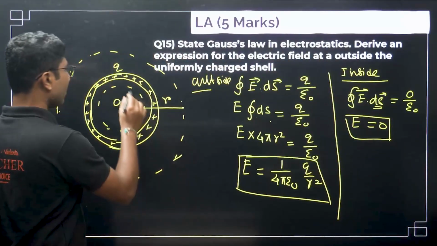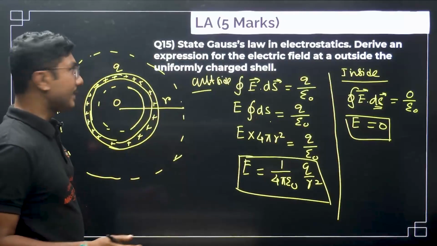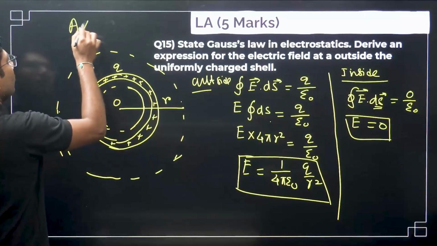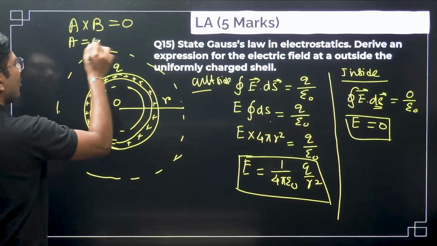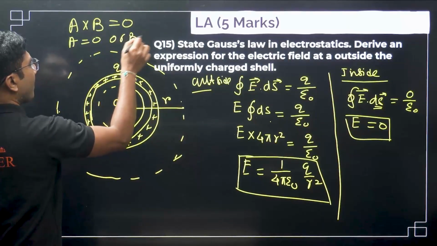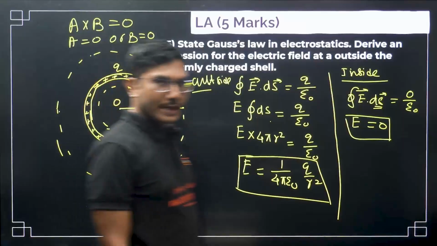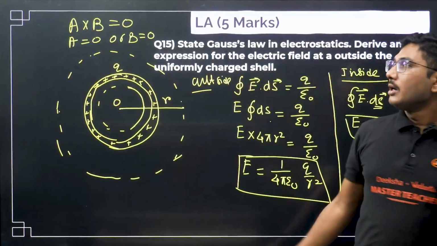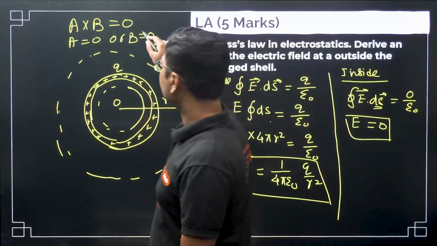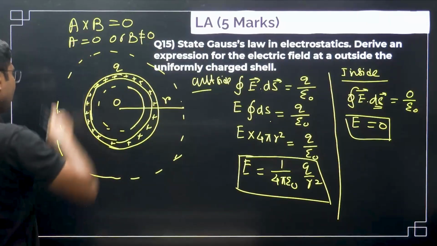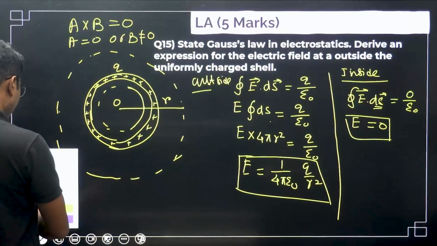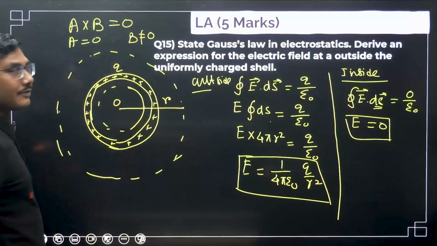If A into B is 0, then either A is 0 or B is 0, right? We already know that, we have done this in algebra. But if it is given that B is not 0, then definitely A is 0.